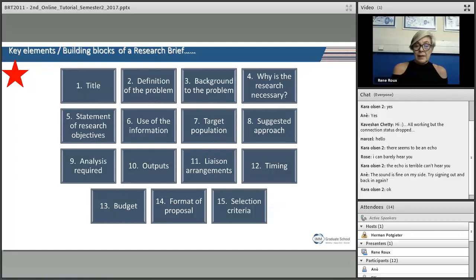Then any analysis. Do you have any specific analysis that you require? Maybe you want to compare male versus female with each other. Maybe you want to do a segmentation. There are various statistical models that you can use.